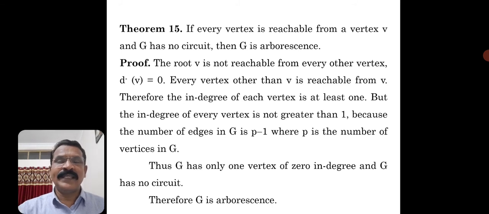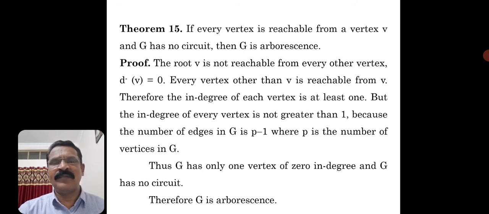In the previous session I showed you the example of an arborescence. There the in degree of every other vertex is 1. It implies every other vertex is reachable from the root. So every vertex other than V is reachable from V. Therefore, the in degree of each vertex is at least 1.